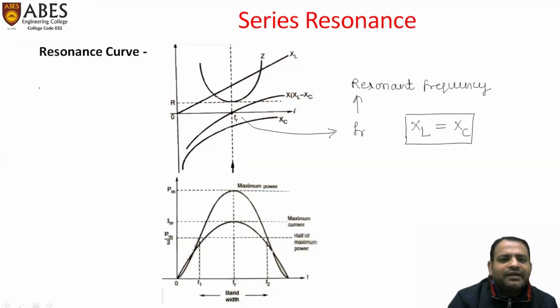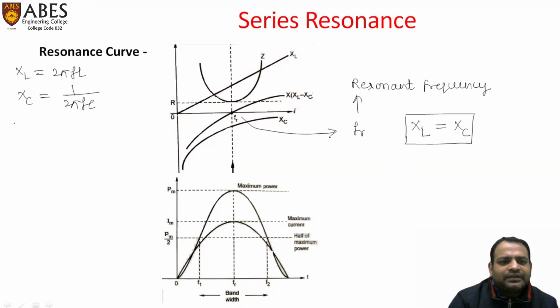Now we have XL, that is omega L or 2 pi FL, and we have XC, that is 1 upon 2 pi FC.